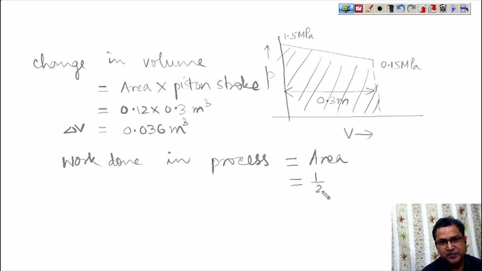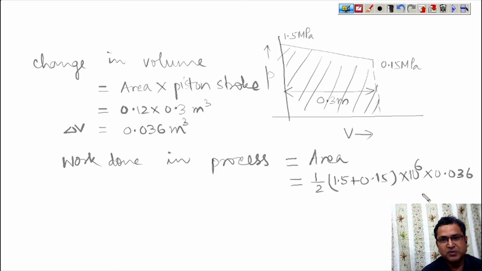Half the sum of parallel sides. So what is the sum of parallel sides? That is 1.5 megapascal plus 0.15 megapascal, multiplied by 10 raised to the power 6 Newton per meter square into 0.036. This much amount of work has been done.